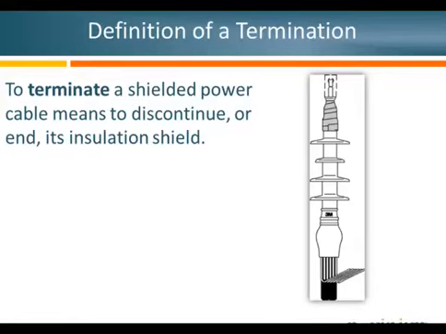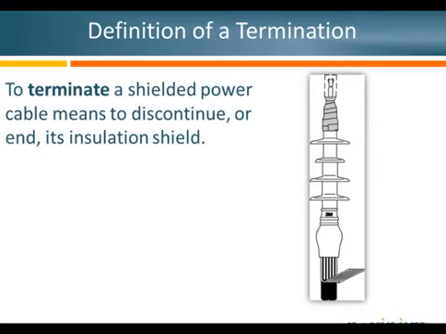So let's look at how we control that stress with a termination first, and then with a joint. With a termination, the definition of it is that it ends the insulation shield on the cable.